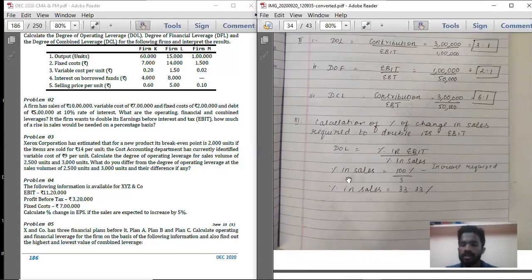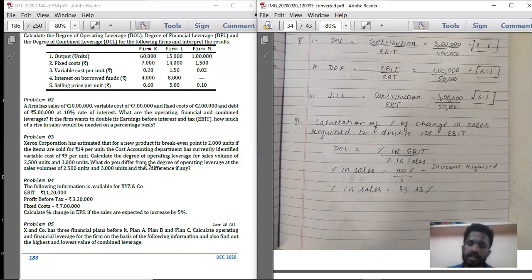So percentage of change in sales is equal to, how much is the percentage of change in EBIT? 200, that is doubling. Suppose total EBIT is 100. If I want to double it to 200, then 200 divided by 100 into 100 is 200%, minus the old percentage, 100, is equal to 100% change.